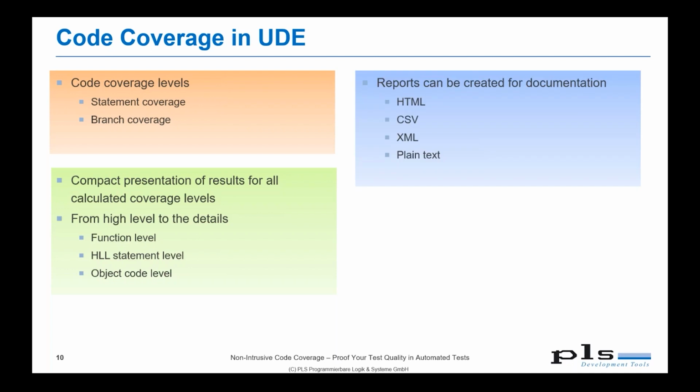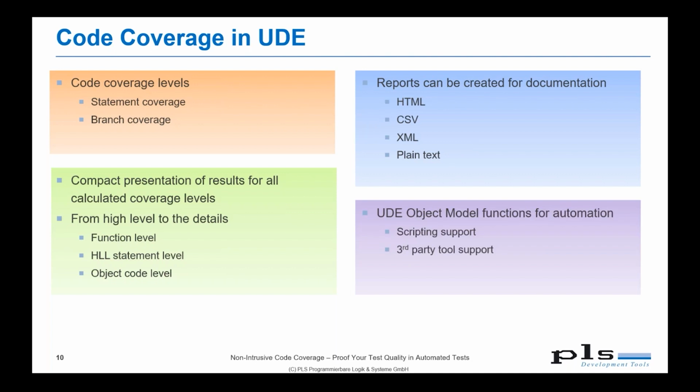Then, of course, you need reports to document your tests and to document your achieved code coverage. That can also be created from the calculated code coverage in UDE and output in different formats. And we also have functions to access the code coverage.